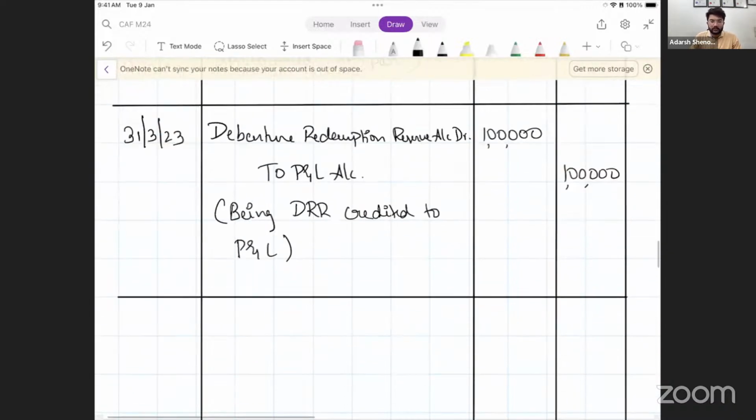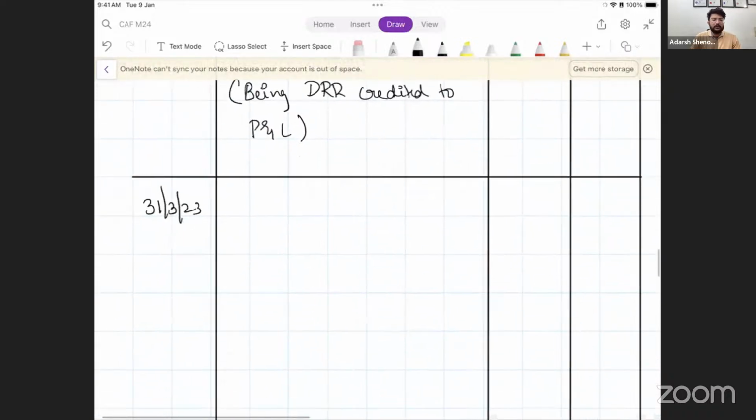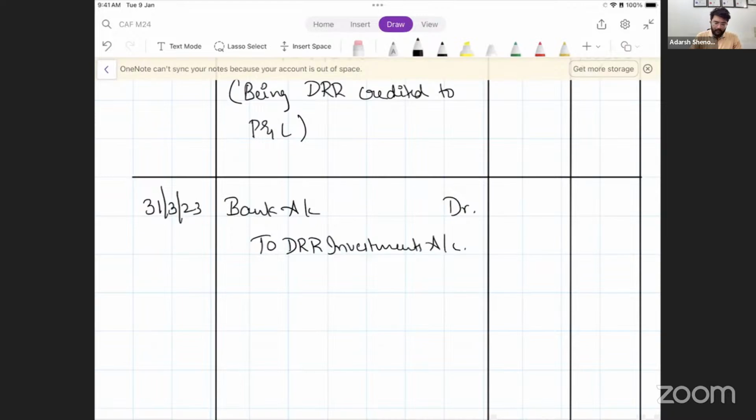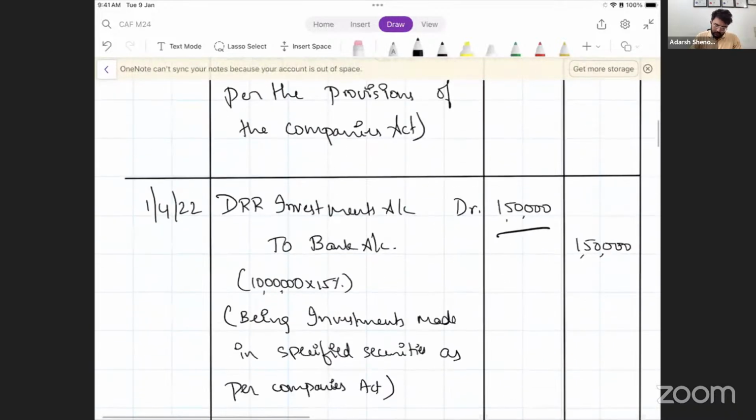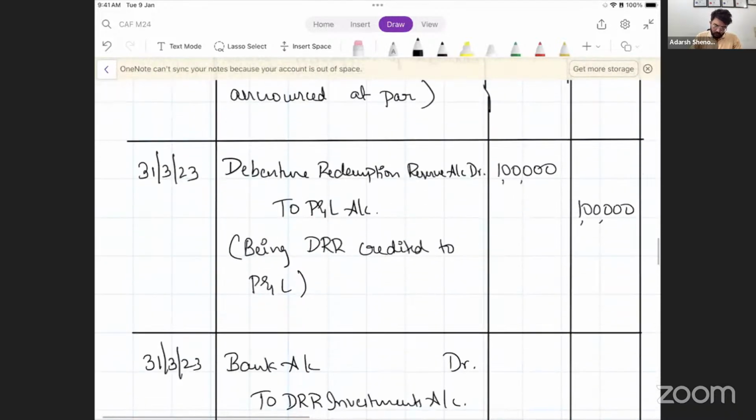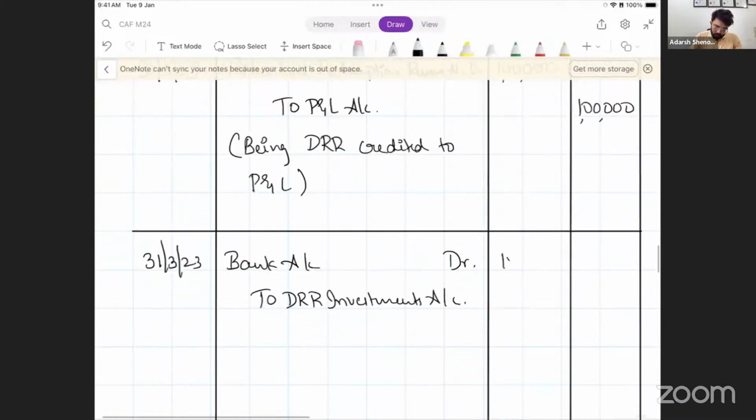Next, I don't need the investments also. So the DRR investments will be sold. Bank account debit to DRR investments account. How much DRR investments do we have? How much money we had invested? 1,50,000. So let's close that too. They're selling it at par. They have not given us at what price it was sold. So I'm just selling it at par, whatever price I had invested at.